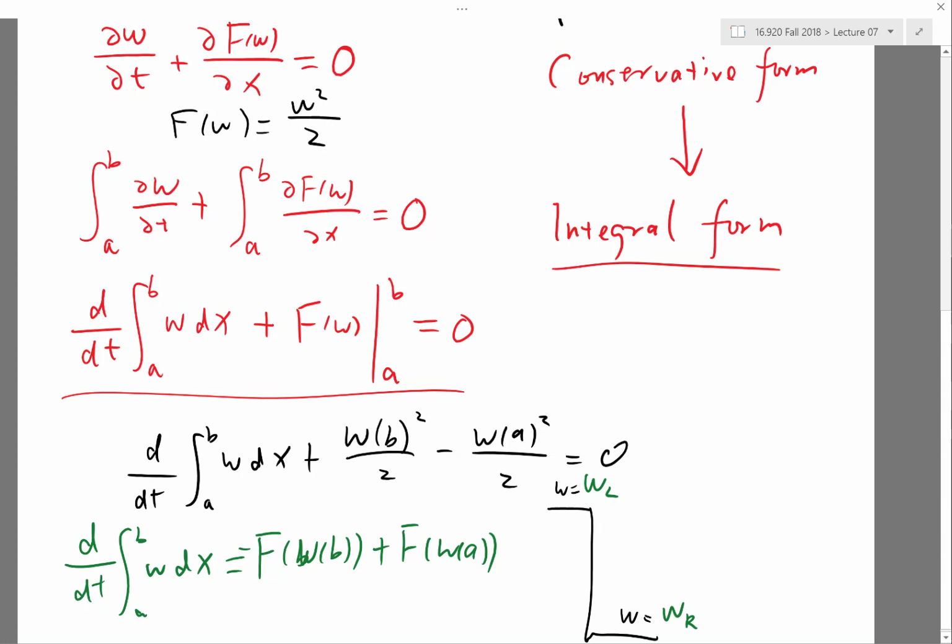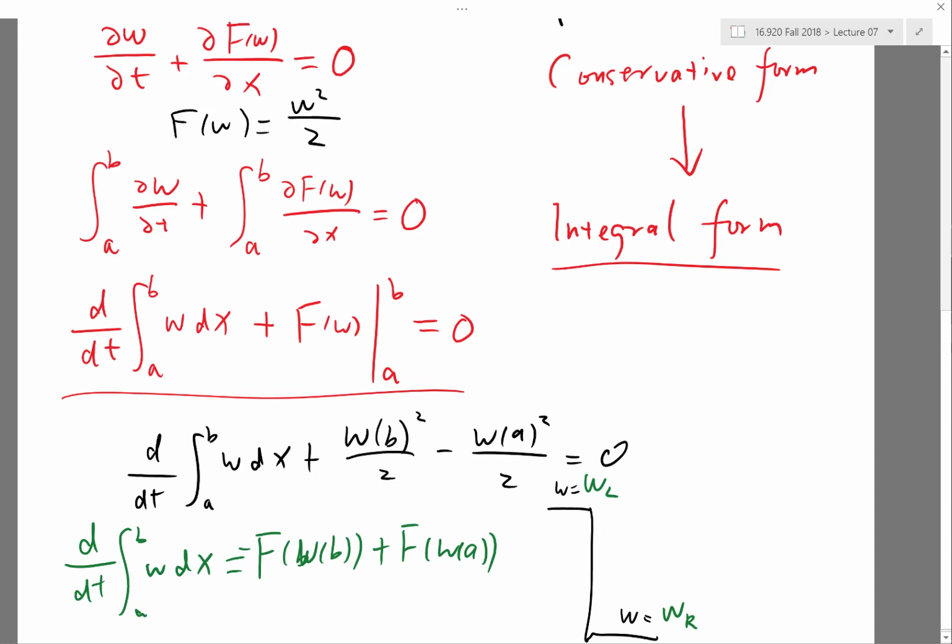And this is exactly the rate of mass moving in from the left, and this is exactly the rate of mass moving out from the right. That's why it's called the flux. In one spatial dimension, flux is the rate of conserved quantity moving across a spatial point.